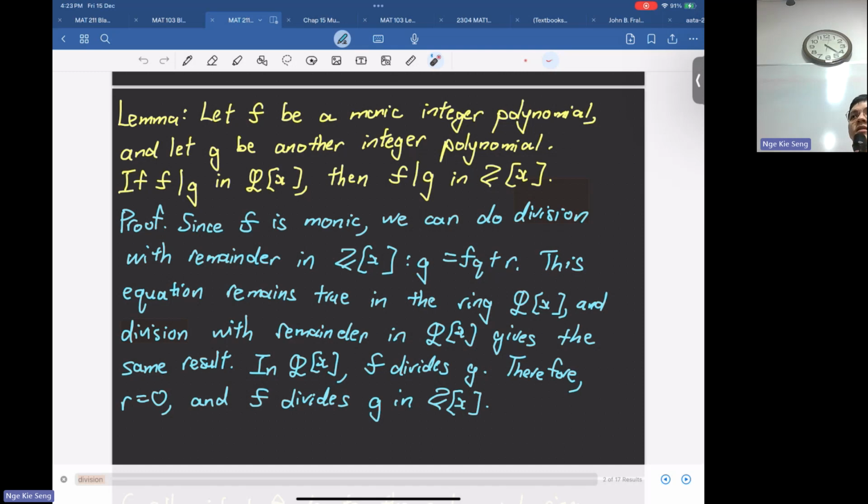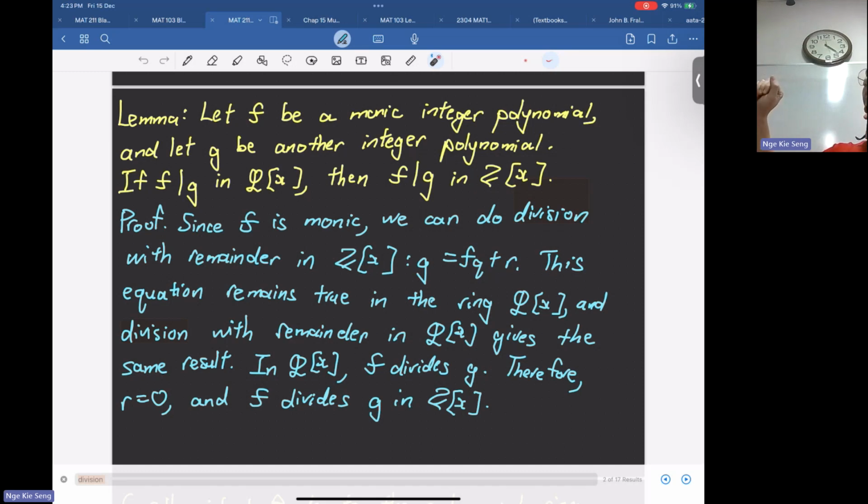But the essence is you do division by integers, though you might think maybe I will get 2/3. If it is divisible in Q[x], then it is divisible in Z[x]. You don't need to use 2/3. You can try. Can make sense.